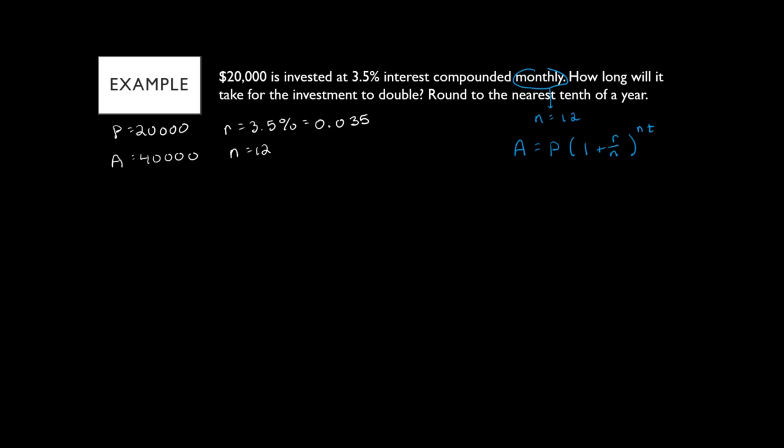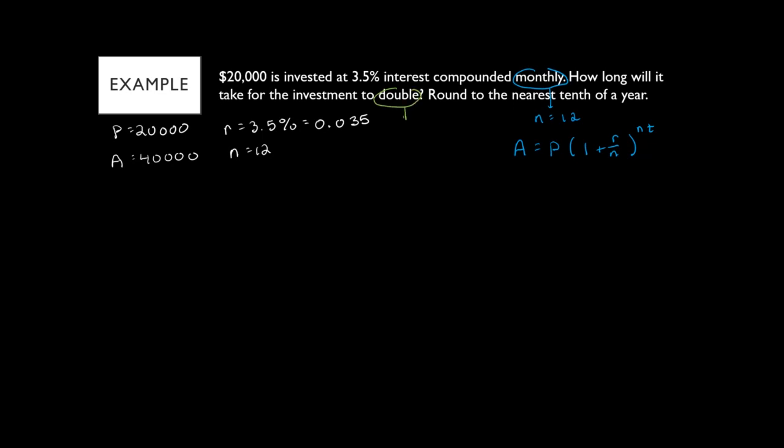Now, when you think about what it means to double, if we're starting with P, then doubling would be twice P, because double means you're multiplying by 2.